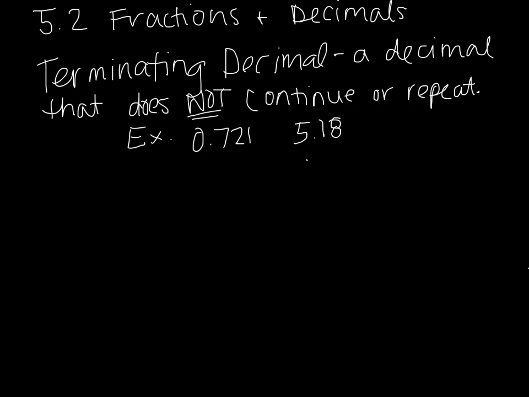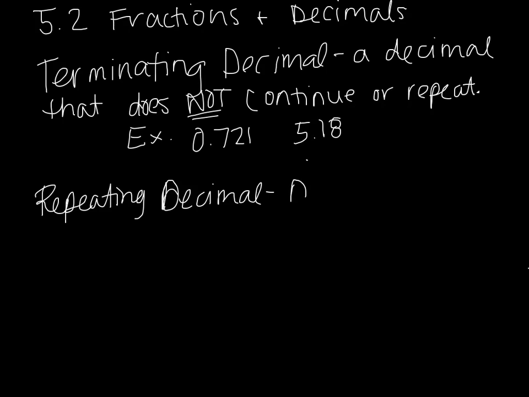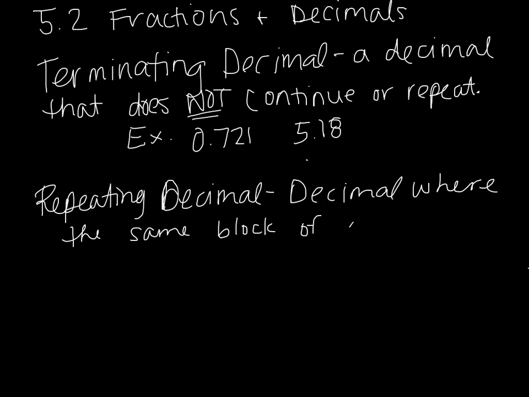So then the opposite of a terminating decimal is a repeating decimal. Okay, so a repeating decimal is a decimal, probably you can guess it, where the same block of numbers repeats infinitely.